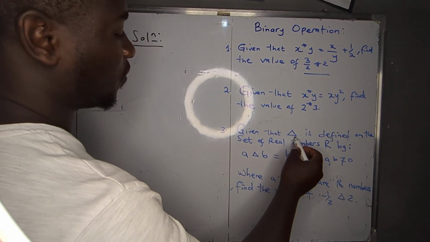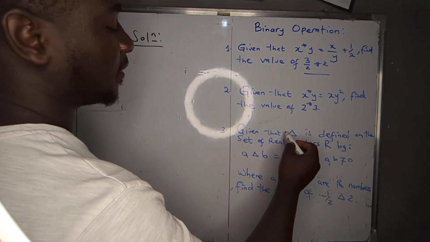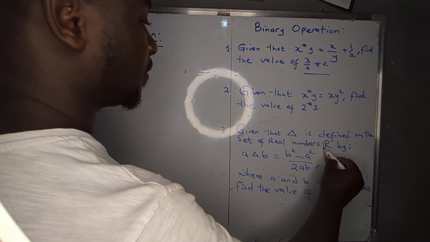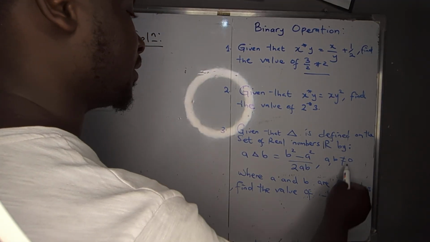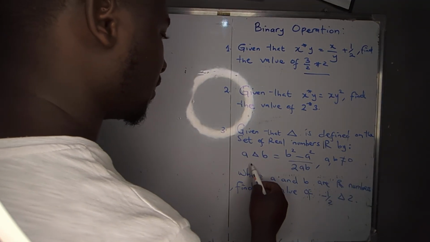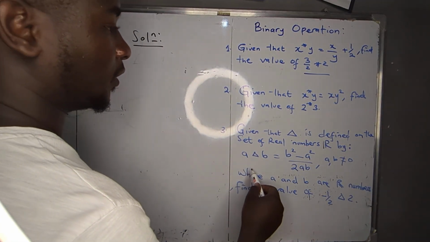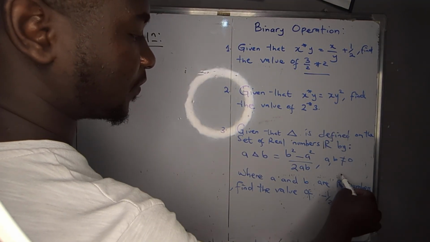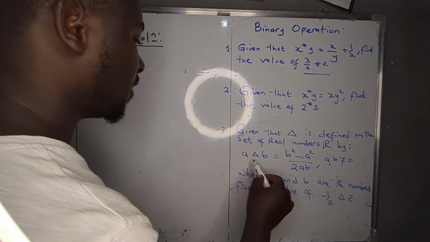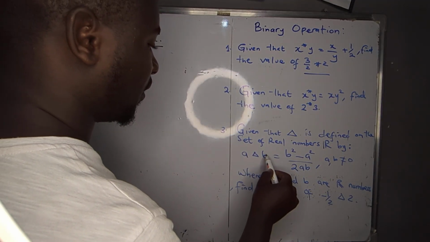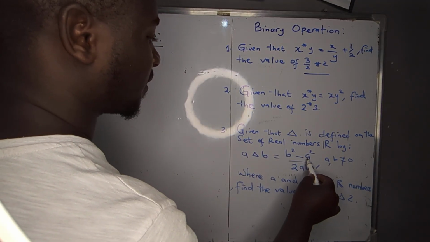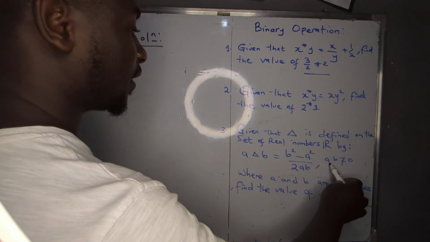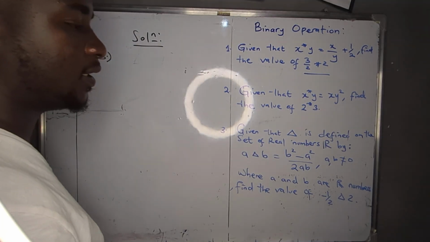So given that triangle is defined on the set of real numbers R by this expression here, you have this equation that A triangle B is equal to B squared minus A squared, everything over 2AB, where A, B are never 0.